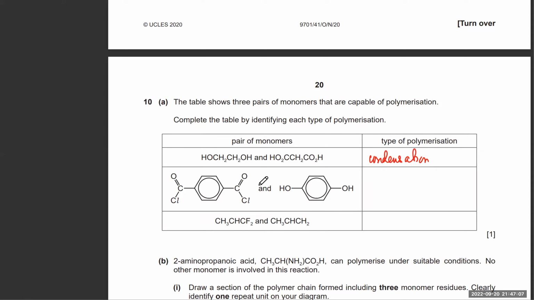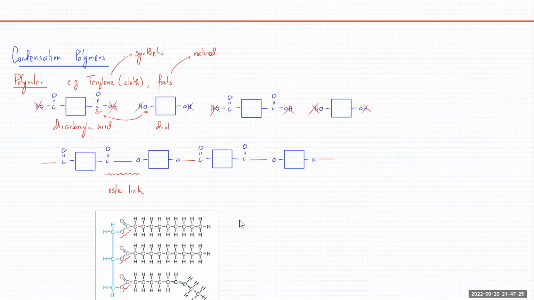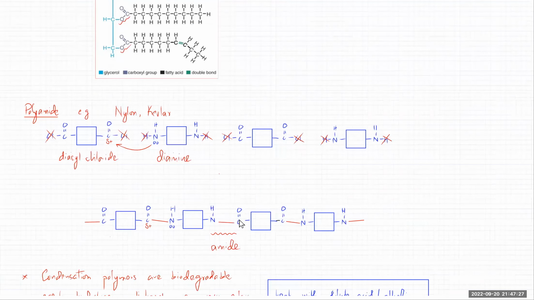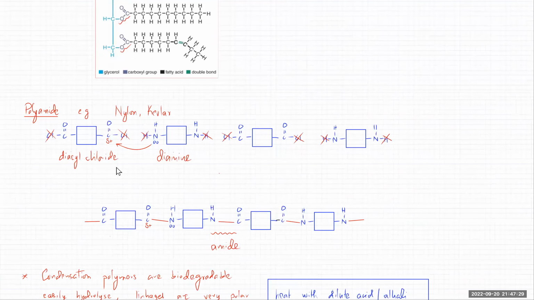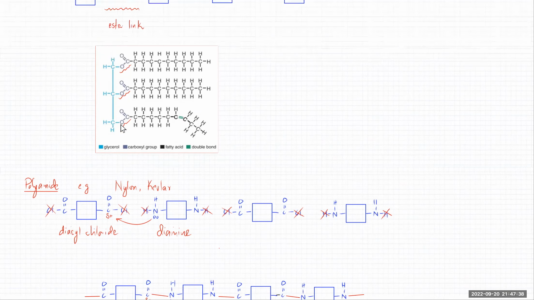And this one as well. This one will also be a condensation polymerization because, going back over here, I told you that acyl chlorides form very good esters. If you refer to the notes, acyl chlorides can also form really good condensation polymers because the carbon is really strongly positive.